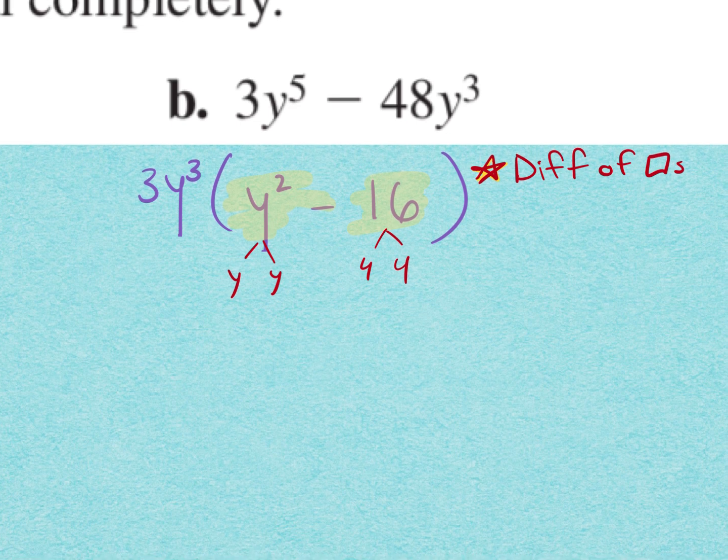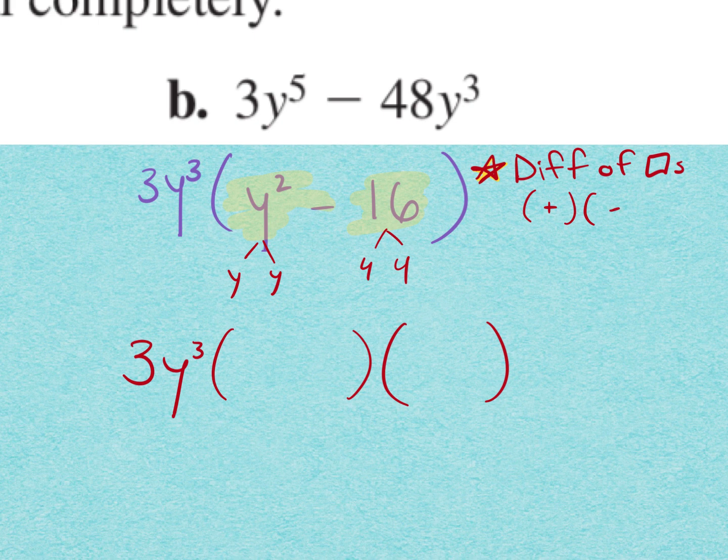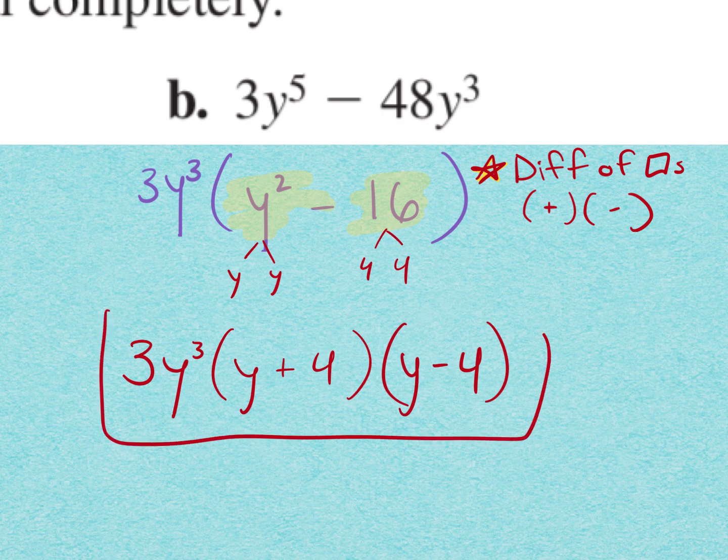And then what would our factors be? Awesome. Difference of squares factors into a parentheses with a plus and a parentheses with a minus. So it'd be y plus 4 and y minus 4, and this would be as factored as we can go.